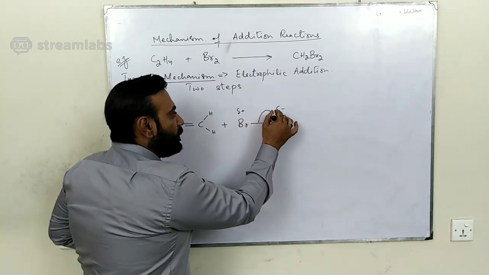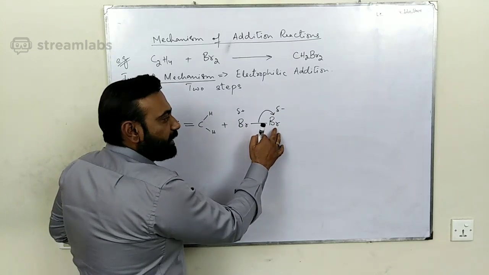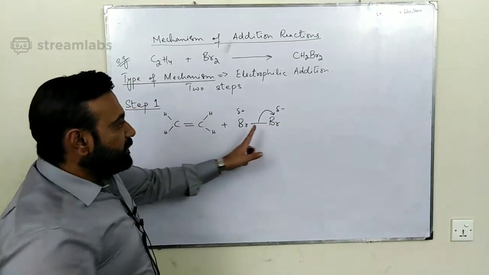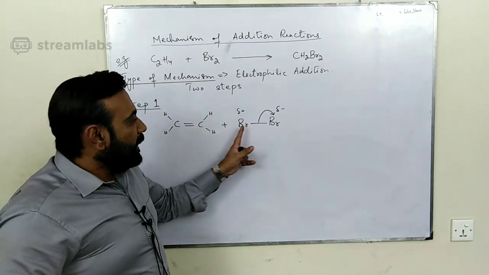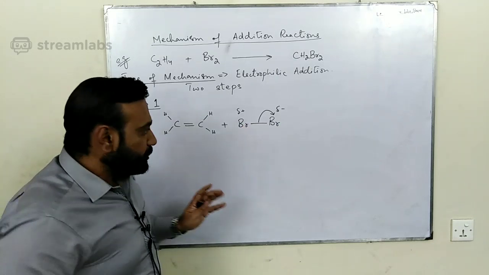So we have to show a curly arrow starting from the bond ending at this bromine atom which has a partial negative charge already. This shows that this electron pair will be taken by this bromine during bond fission, while this bromine will not take any of these two electrons.